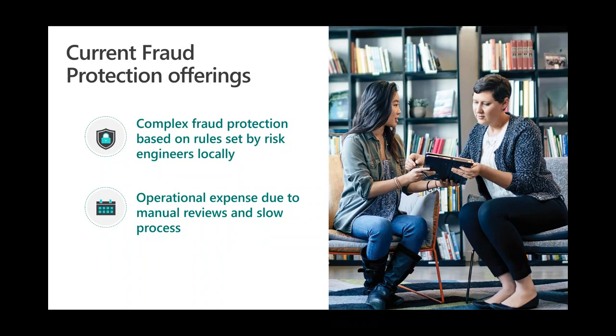fraudsters are trying to buy, say, 10 jackets. So I'm going to say that for any transaction for 10 jackets in this geo and say with this velocity, I'm going to kick off a manual review. The problem is that the fraudsters will figure it out.